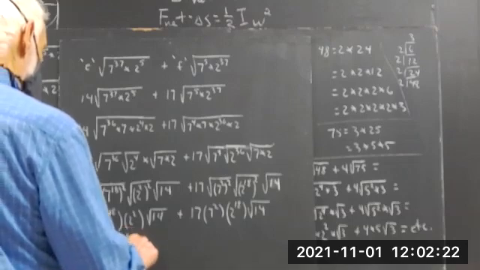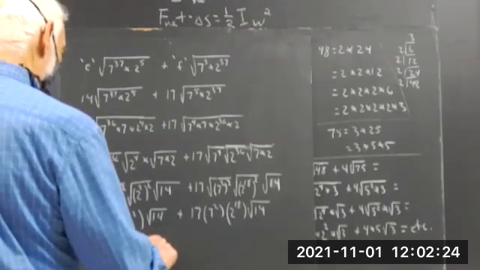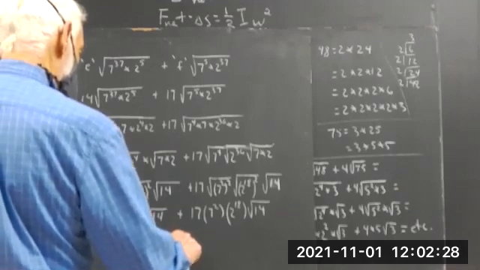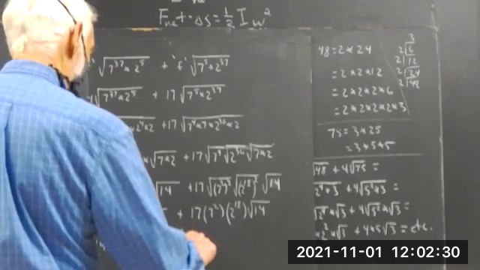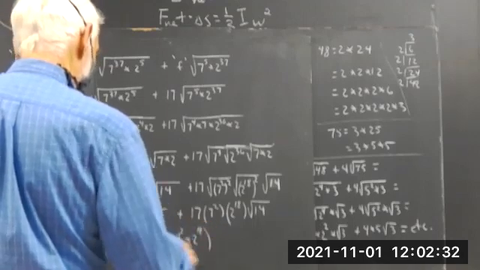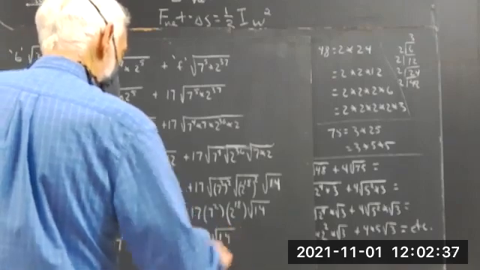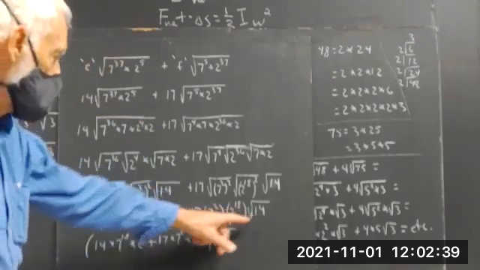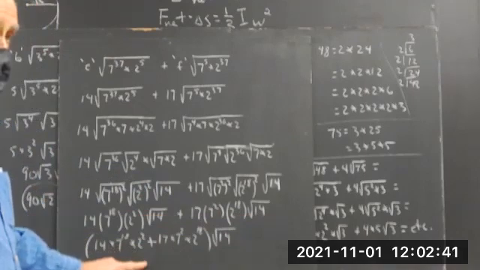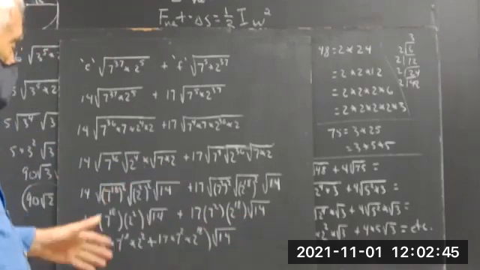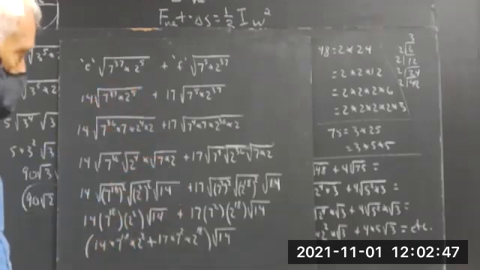7 to the 18th times 2 to the 2nd plus 17 times 7 squared times 2 to the 18th times the square root of 14, factoring the square root of 14 out. Now 2 to the 2nd, 7 to the 2nd are easy numbers, but then you got to multiply by 14 and 17.